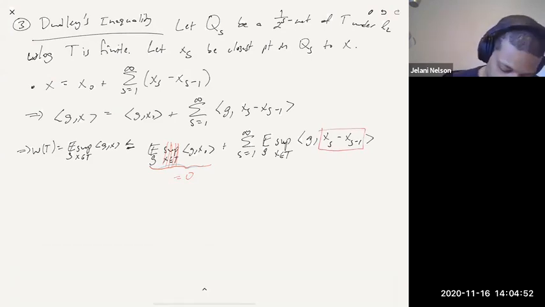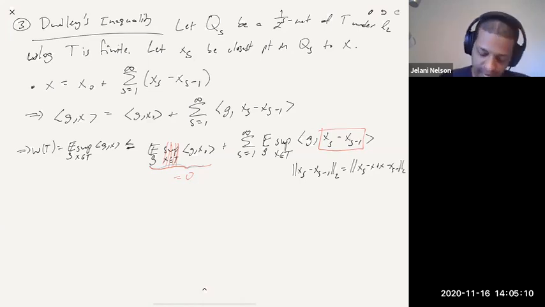Now, if you look at this, what can I tell you about that? Well, xs minus xs minus 1, first of all, is equal to xs minus x plus x minus xs minus 1.